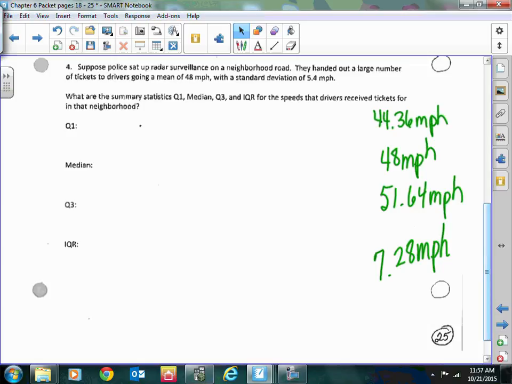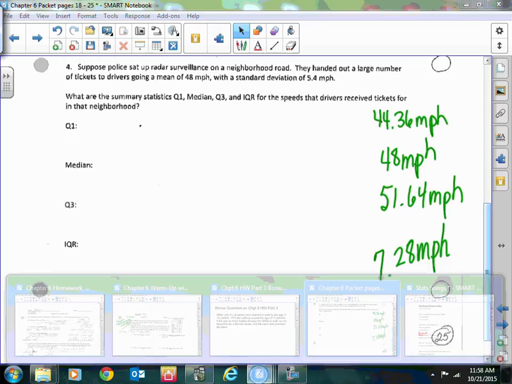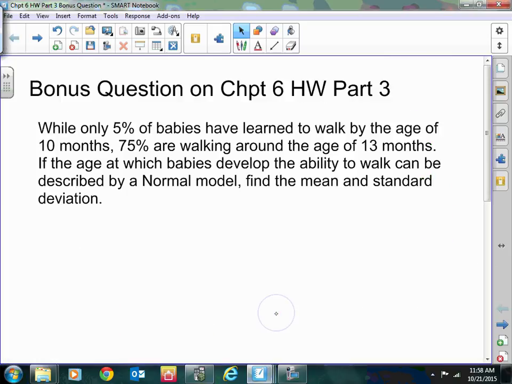Okay. All right. So now that we've done that, I want to go back and take a look at the bonus question from yesterday, the homework on page 22. It was a bonus, but now that you've had a chance to process it, I want to teach it to you because this will now be something you're expected to be able to do.